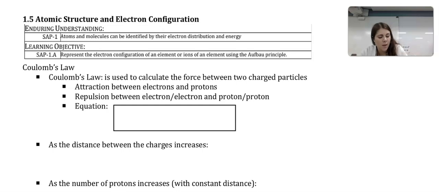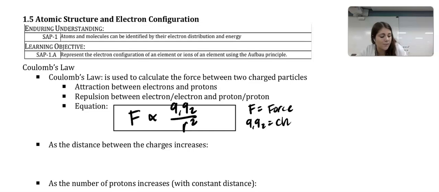Coulomb's law is written as F equals Q1 Q2 over R squared. F stands for force. Q1 and Q2 represent charge, and R squared represents radius, but in the sense of atoms and subatomic particles, we're talking about distance.